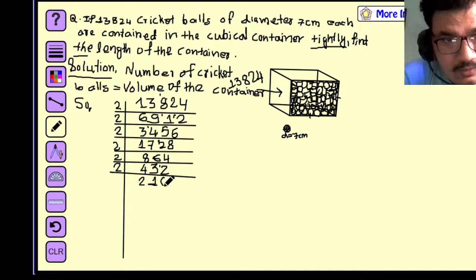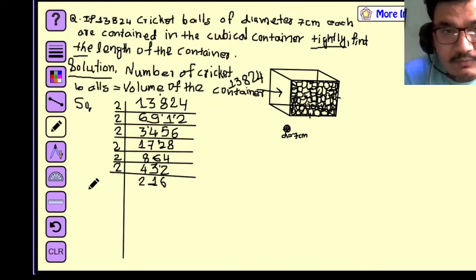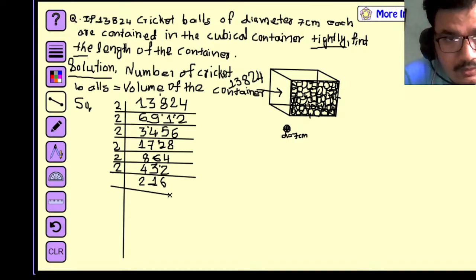Now write it, 2 6s are 12, right? Again draw a line. Right, and now again let's factorize by 2. And 1 is not divisible by 2, that's why 2 zeros, and 1 goes here, 16, 2 8s are 16.